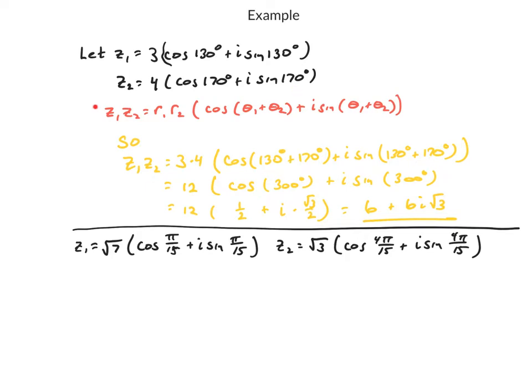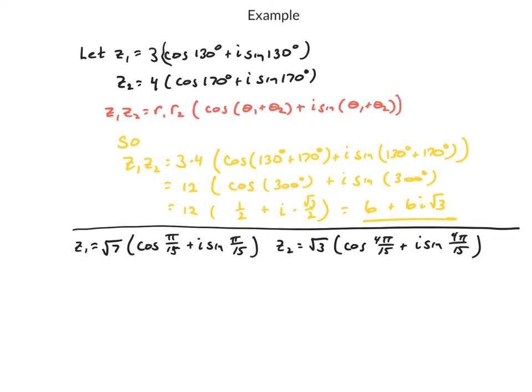So remembering this particular identity right here, z1 times z2 is the product of the magnitudes times the cosine of the sum of the arguments plus i sine of the sum of the arguments.